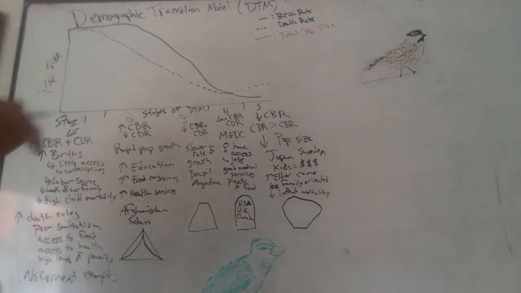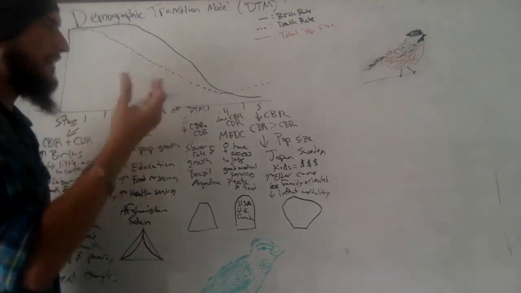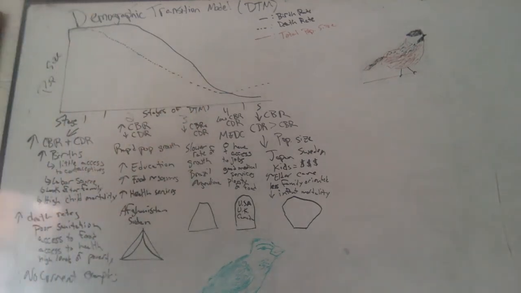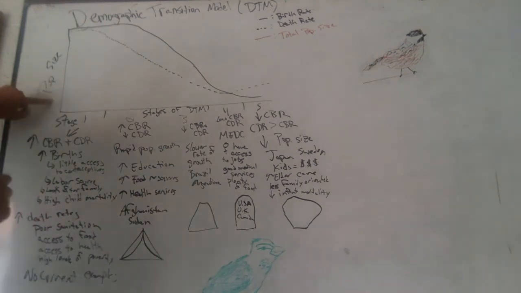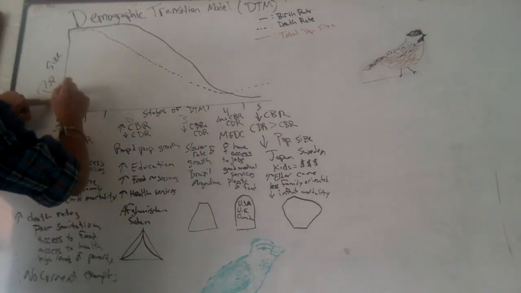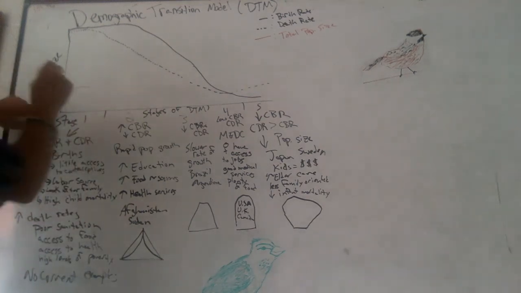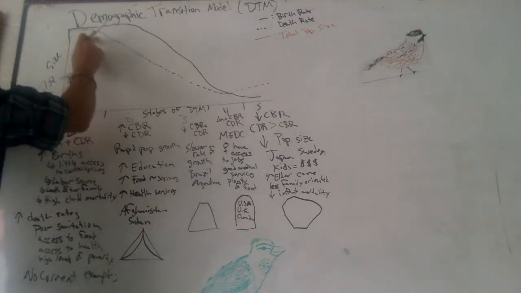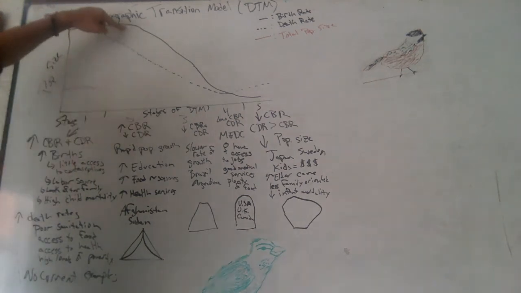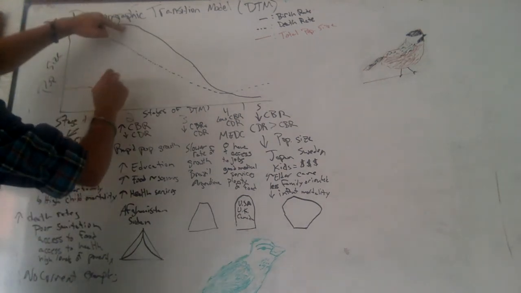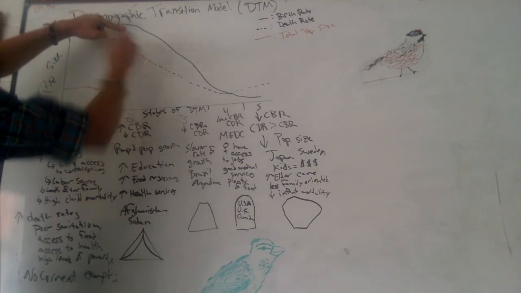But in general, the population will change in the same way, no matter how many you start with. So as you might expect, in the first stage, we might just be rather consistent with our population. And then as death rate starts to drop, but we maintain that high birth rate, the size of the population is actually going to skyrocket.